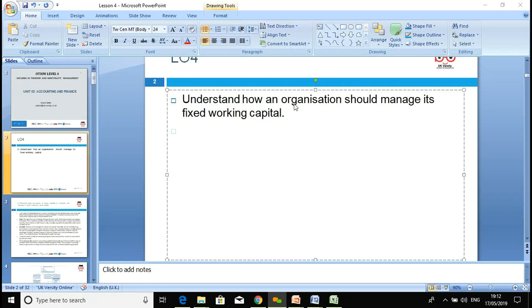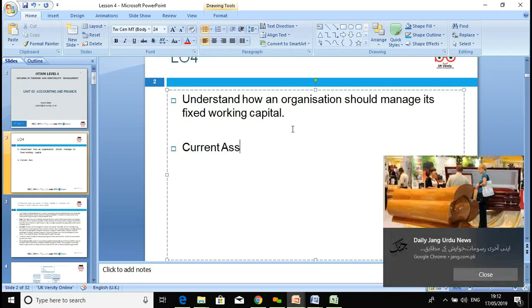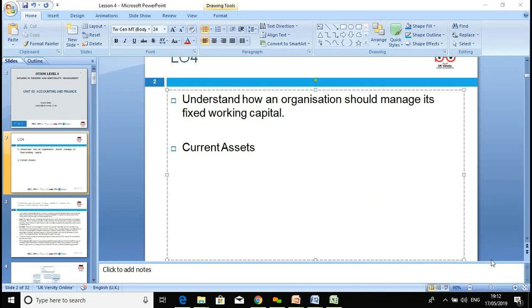Cash itself is also called working capital. In one of our lessons we discussed current assets. Current assets means short-term assets, the assets which we can use within 12 months. So those assets come under working capital. So it is current assets minus current liabilities. Liabilities are legal obligations.